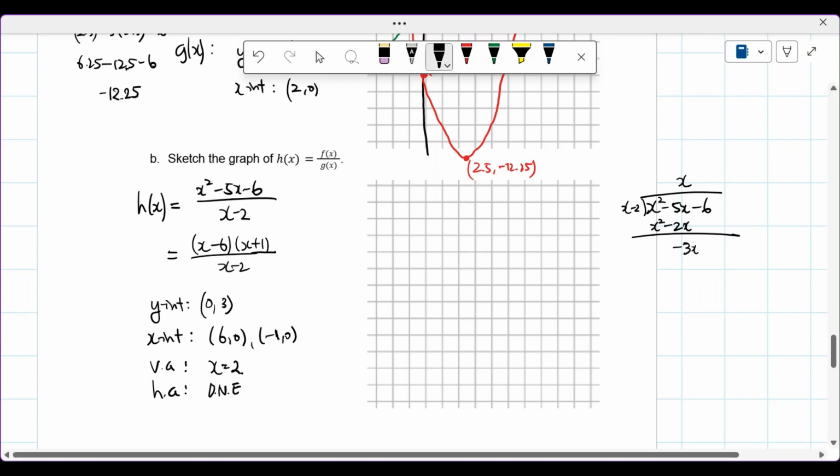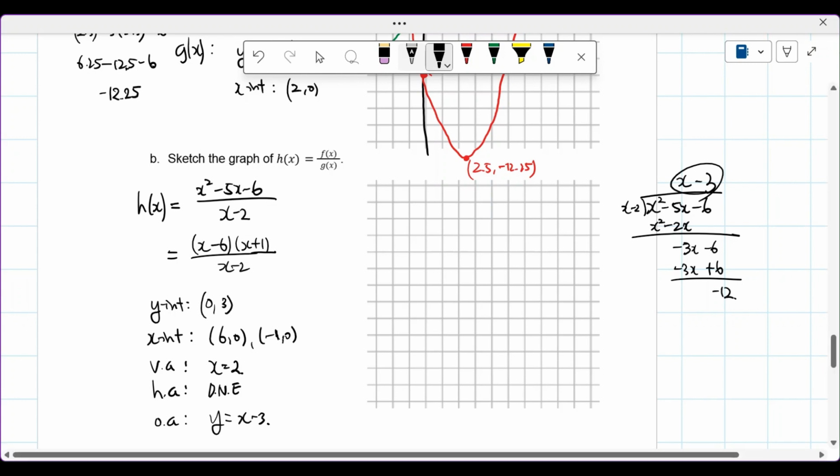And x goes into negative 3x, negative 3 times. We don't care about the remainder, but we know that the quotient x minus 3 is going to tell me the oblique asymptote is going to be y equals x minus 3.